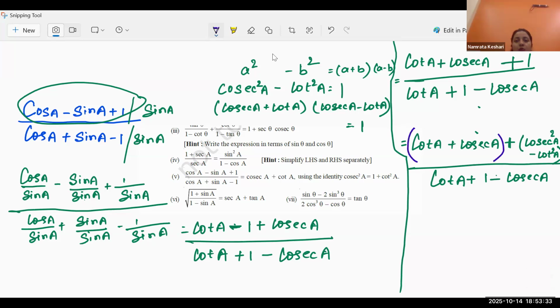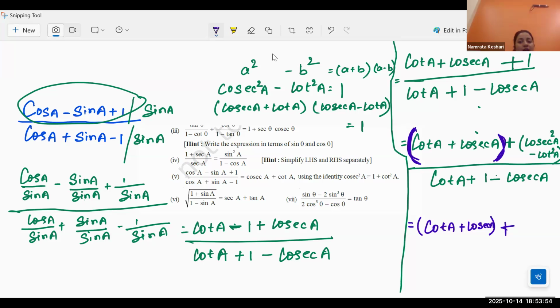Can you see this blue colored bracket part? If you use the formula over there and do the expansion, one of the brackets will be exactly like this. Yes or no? Okay.